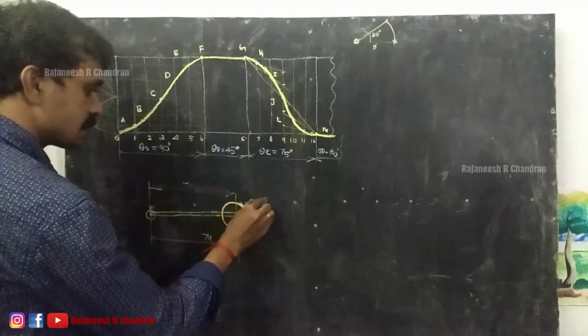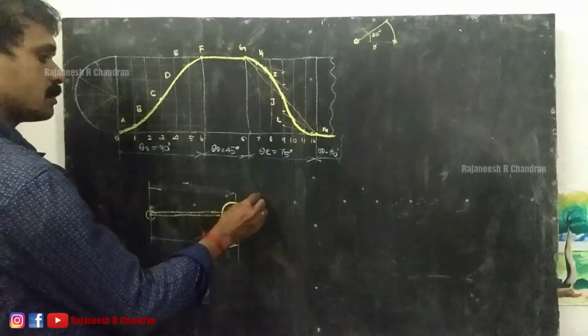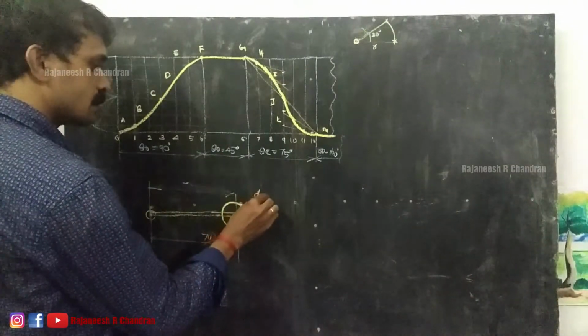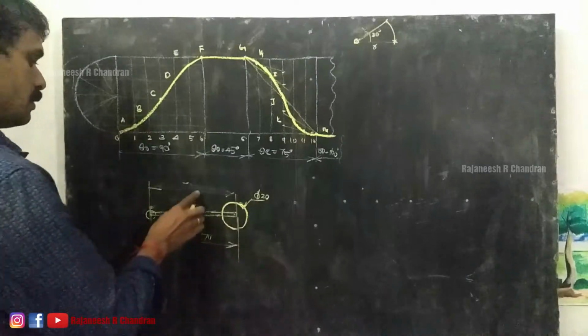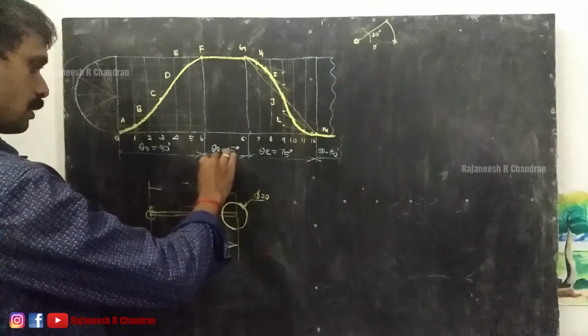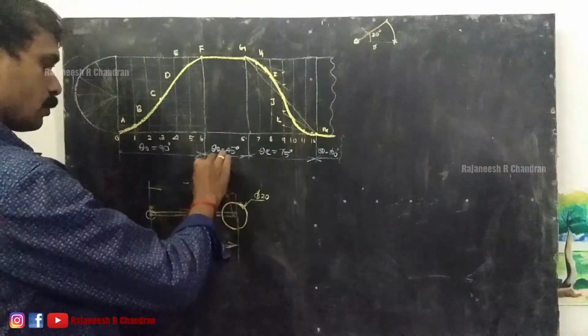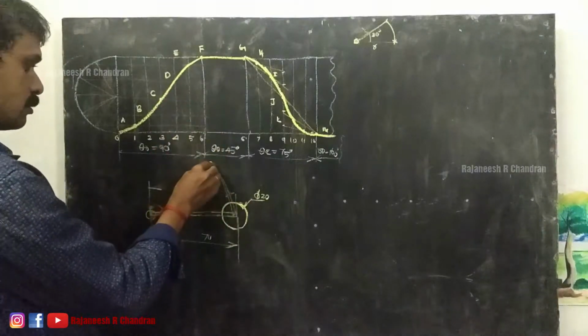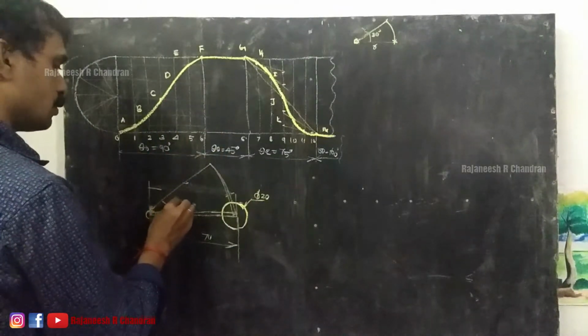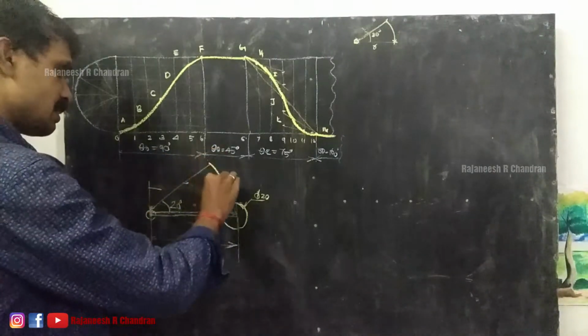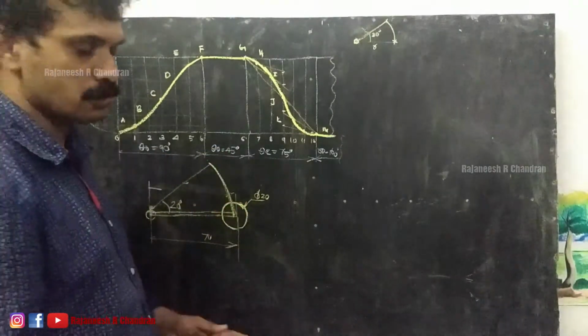And the roller diameter is given as 20 mm. This diameter is 20 mm, so this radius will be 10. This distance is 70. And it is given that after completing the outstroke, it will reach this point by an angular displacement of 20 degrees. So this length can be considered as our stroke length.